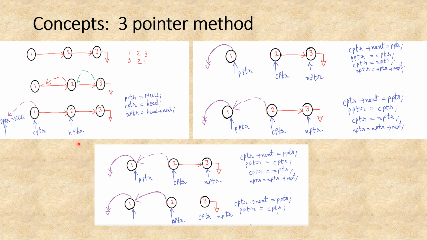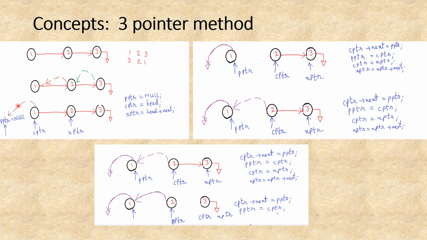Now, when we move all these 3 pointers in every iteration, we will get to a point when the next pointer hits null, and since the current pointer lags the next pointer by a link of 1, the current pointer will be at the head position. When the next pointer is at null, the current pointer will be at the head position, and that would be the head of the list. This is exactly what we will keep in mind during algorithm design and development.